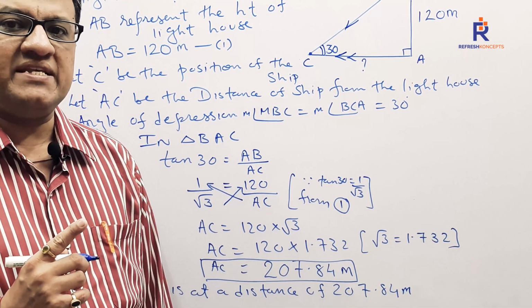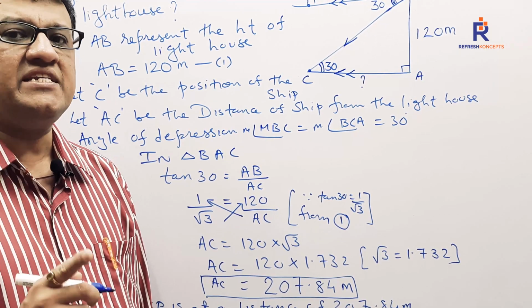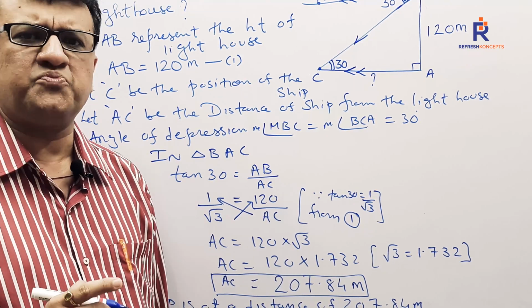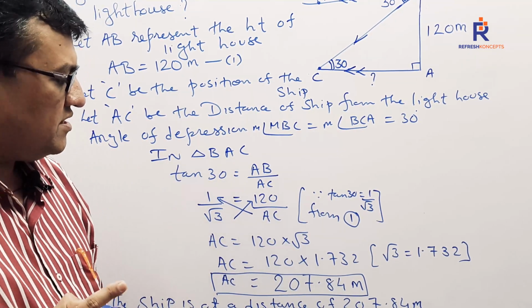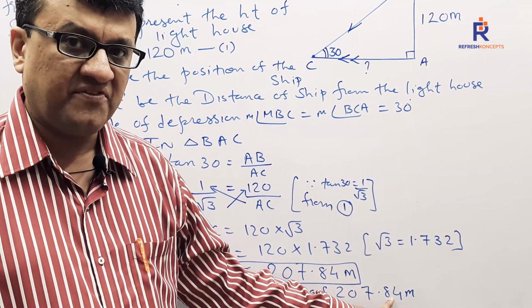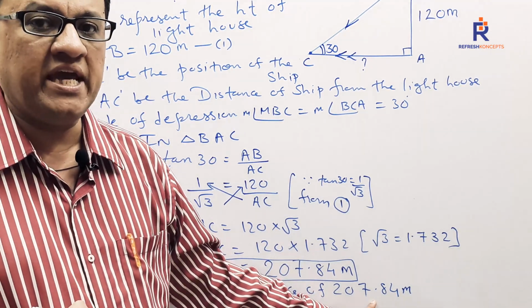If your sum says to write down the final answer to the nearest integer, nearest whole number, nearest natural number, nearest integer is what more often all the boards ask, then we cannot write down 207.84. We have to round it off. Nearest integer will be 208 meters.